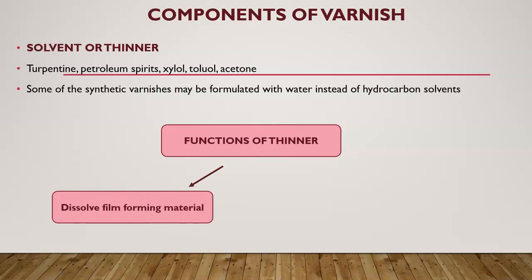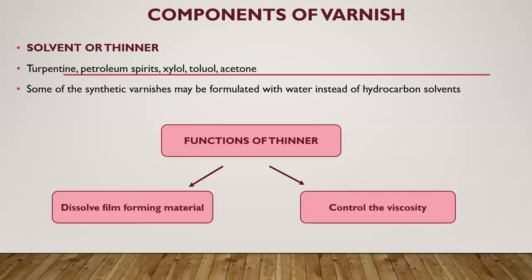These thinners dissolve the film forming material, that is, either the drying oil or the resins or both, and they control the viscosity of the varnish, that is, they adjust the consistency of the varnish so that it can be applied easily.